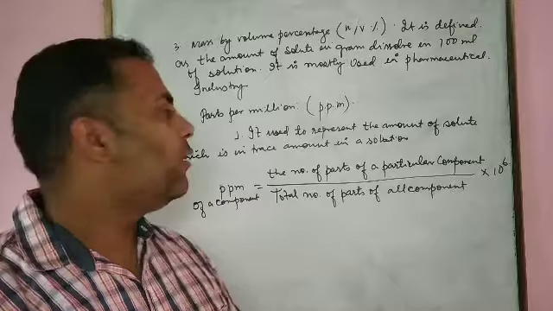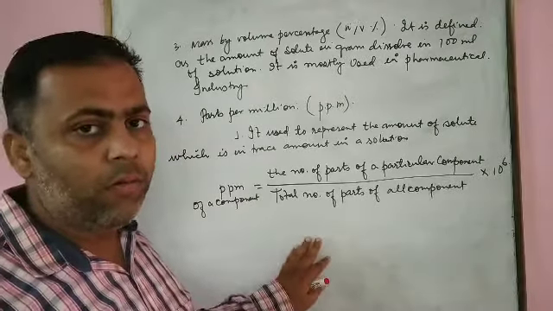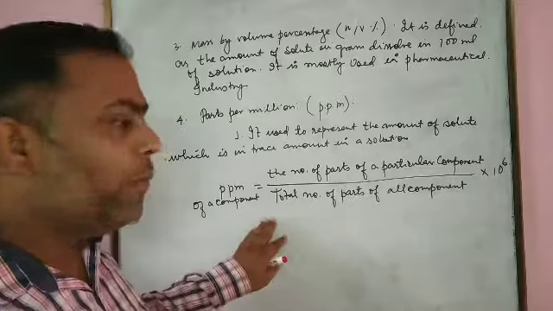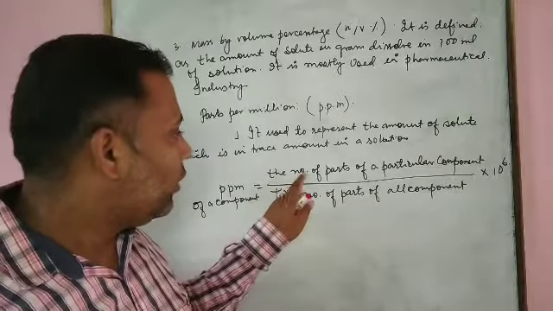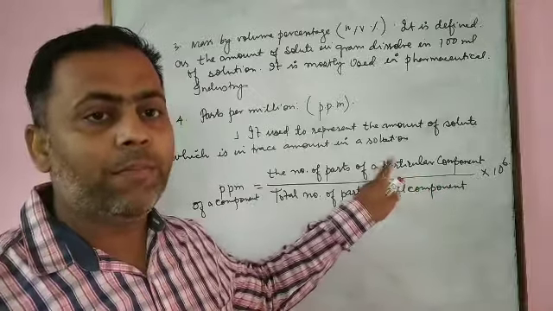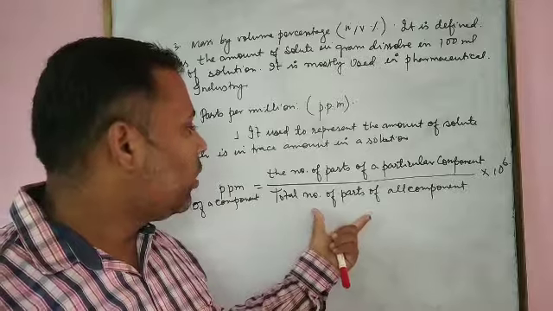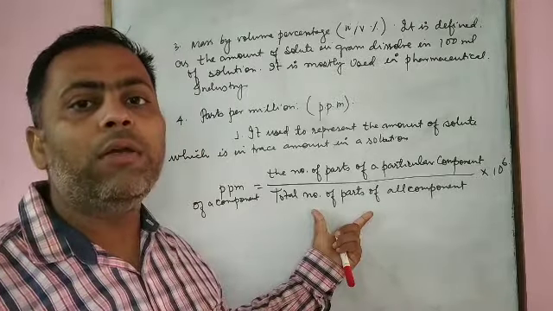Parts per million can also be expressed in the form of W by W or V by V. W by W means if we take the number of parts of a particular component in the form of mass, then we take the total number of parts of all the components in terms of mass.